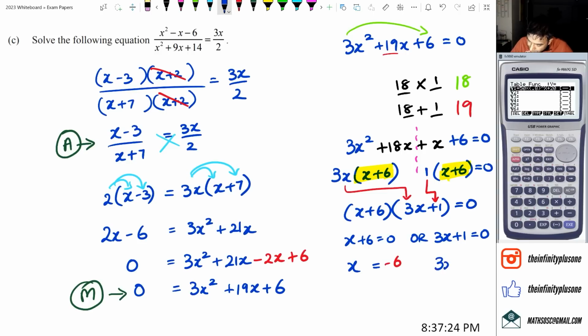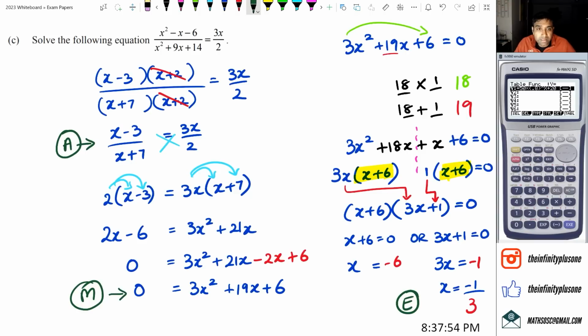As for this, we get 3x equals minus 1, and then x is equal to minus 1 divided by 3. Now you're going to need both solutions. If you don't get both answers, you don't get the full excellence grade. But when you do get both of these answers, it's pretty much an excellence grade there.